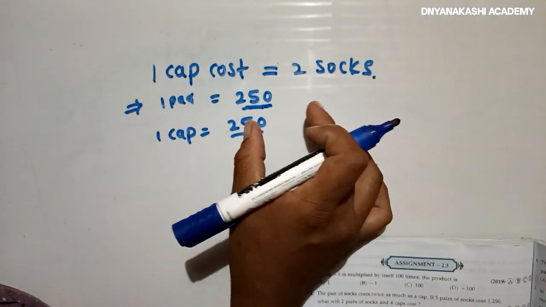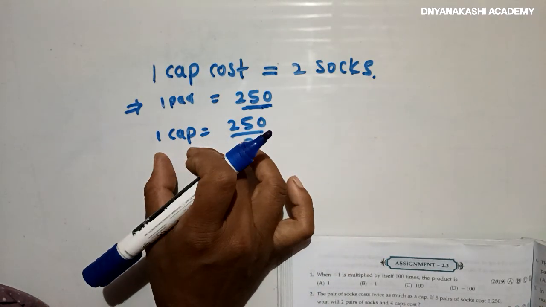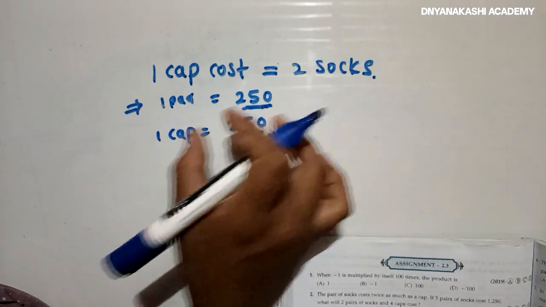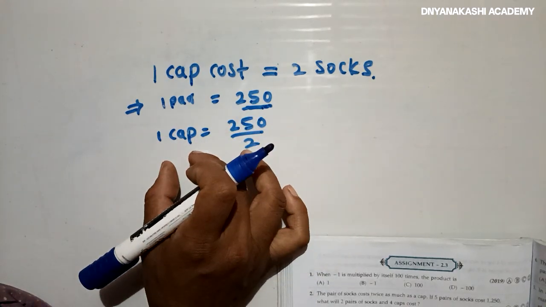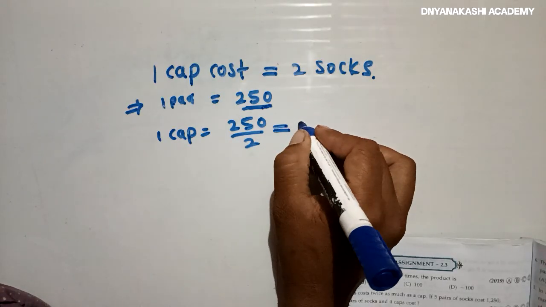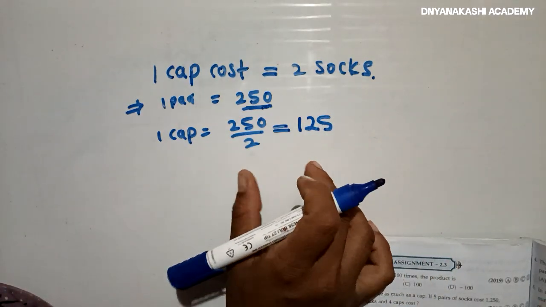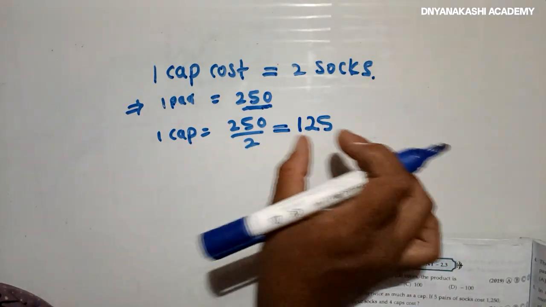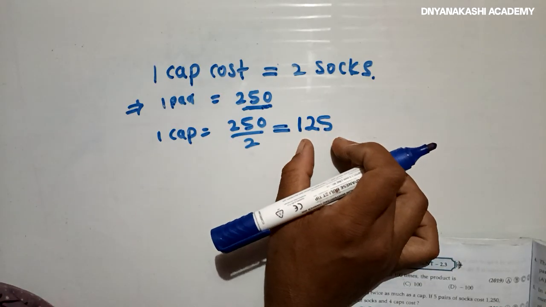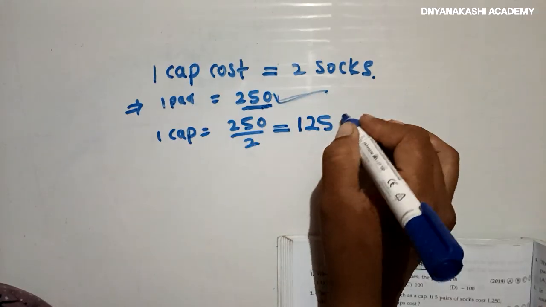One pair of socks value is 250 and the cap value is half of that. That's why I divide by 2. The value of one cap is 125, and one socks is 250.